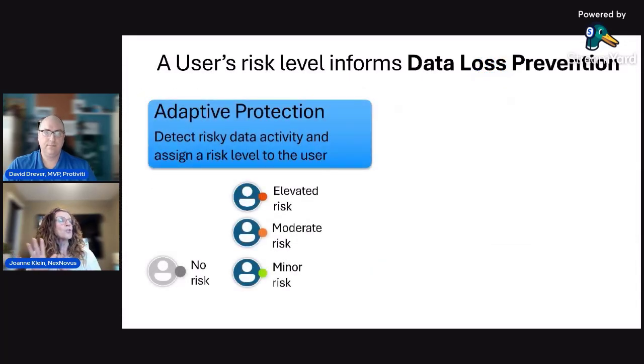So I wanted to show this diagram to say the interplay between adaptive protection, that feature that you need to enable inside Insider Risk Management, and all of the risk levels that will be assigned to every user across your organization. These risk levels can change, by the way. You may be minor for a period of time and then start doing activity that bumps you up to moderate.